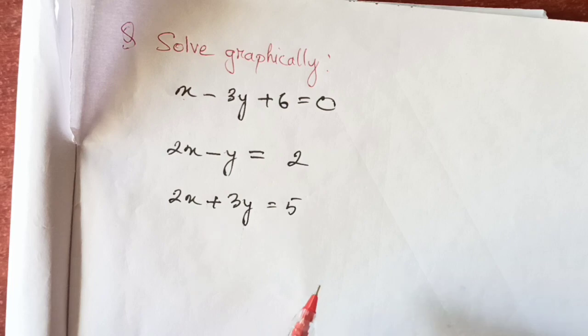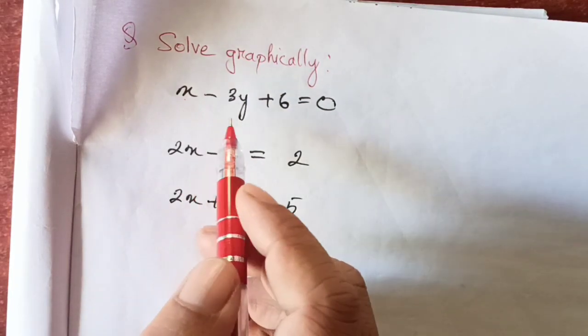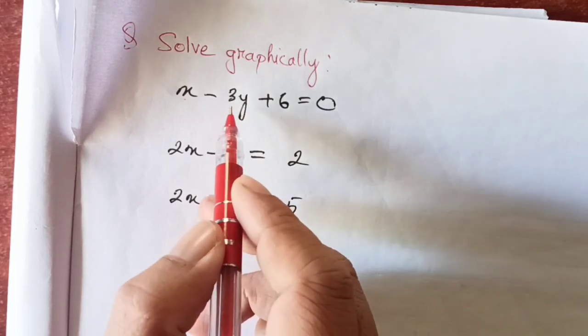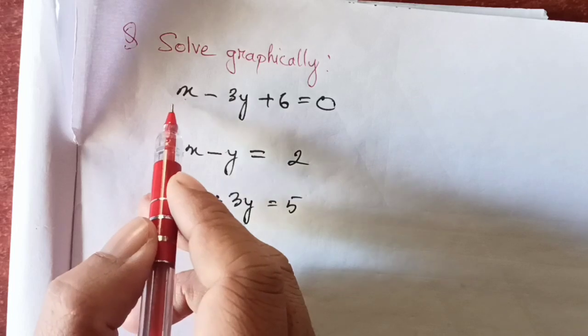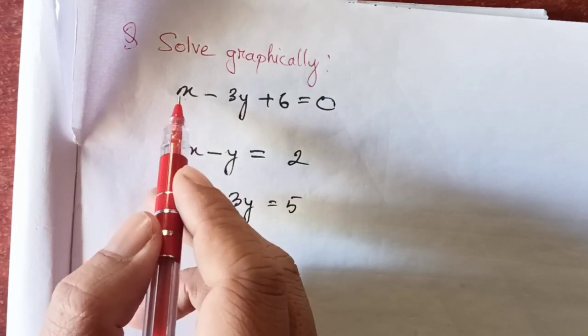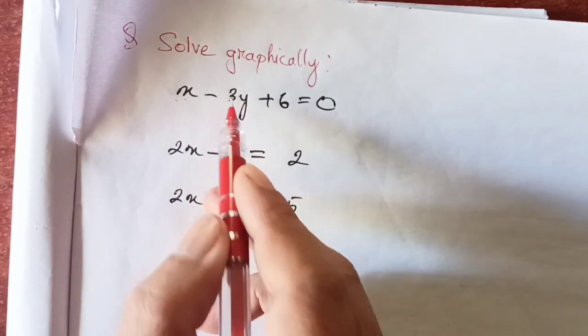Before we write down the tabulation, in this first type of equation, look here, the variable y has 3. Now look at x. For x, it is not together with any number. Here x is alone, and y is together with 3.